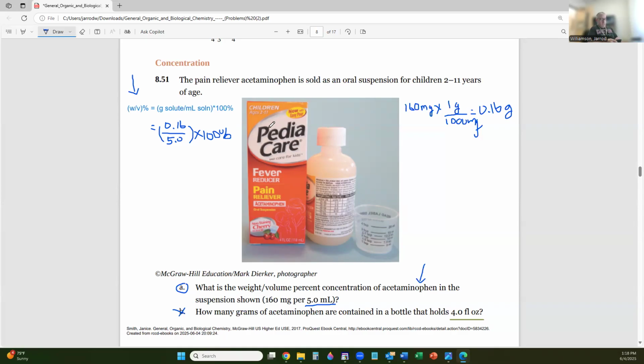And when I go 0.16 divided by 5 times 100, I get 3.2 weight volume percent. Okay, guys, that's how you do that.